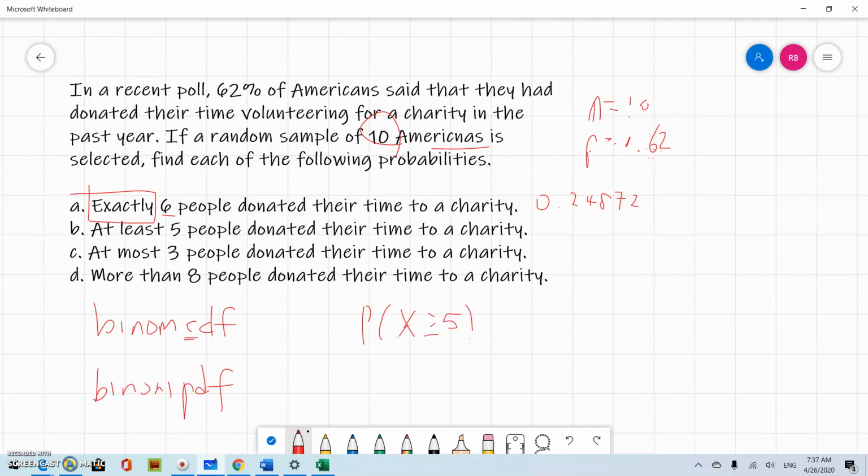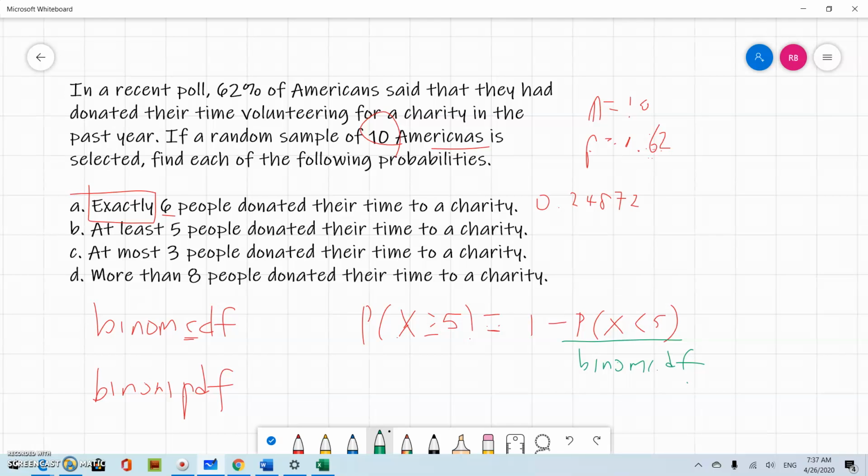Okay? At least 5 people means that I want greater than or equal to 5. Another way to write this is 1 minus the probability of x less than 5, right? This can be written with binomial CDF, because binomial CDF always starts from 0 to that number, so it's like at most.